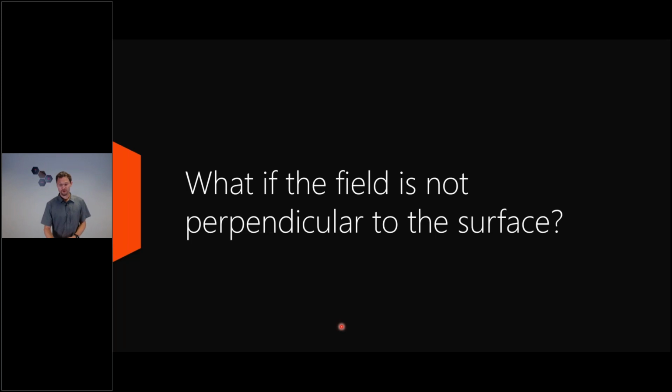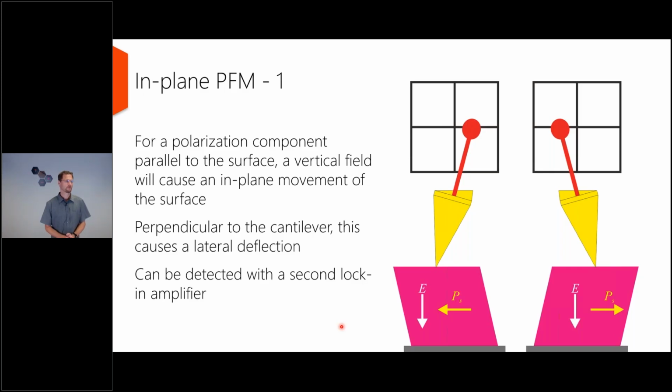Okay, very nice, but I have just a material, and who says that the material is perpendicular to the surface? The vector could in principle be parallel to the surface. And in this case, I've drawn the case where the piezo polarization is in the plane of the sample and perpendicular to the cantilever length.